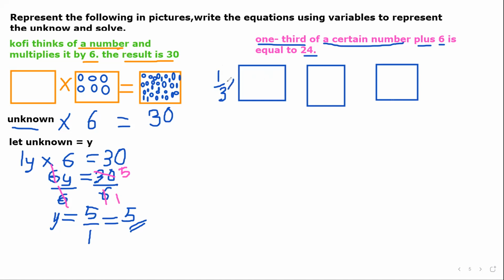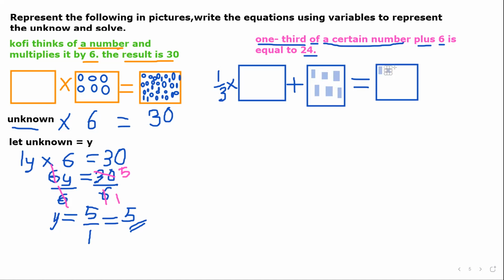So 1/3 times a certain number here plus 6 will give you 24. So we have a certain number we don't know, and then here will be 6. 1, 2, 3, 4, 5, 6. The answer is supposed to be 24.